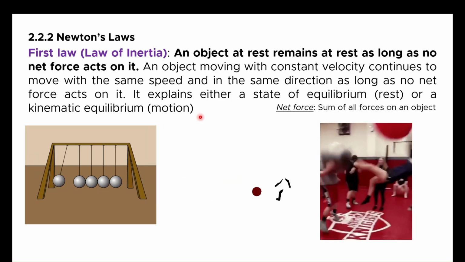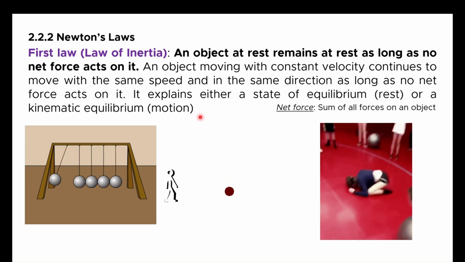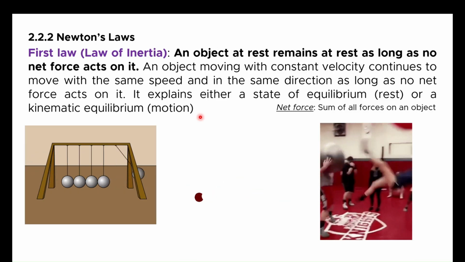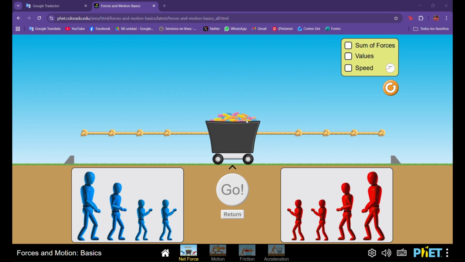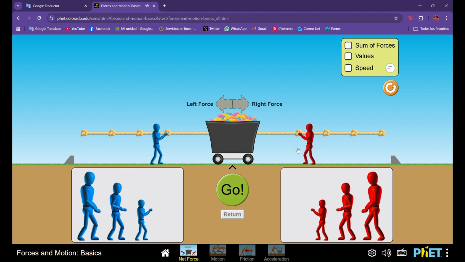I will show you how it works using a simulator. Okay, let me show you how net force works. Here we have this cart, and I can use these little people to push or pull the cart to either side, left or right.